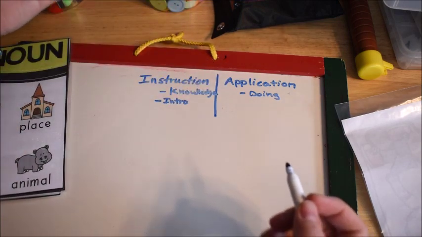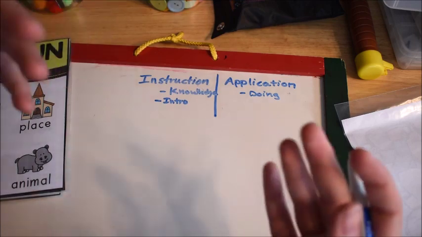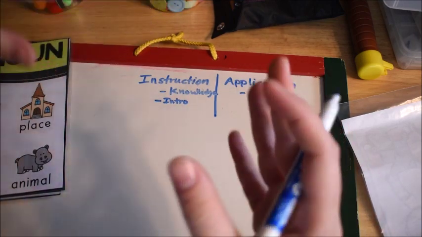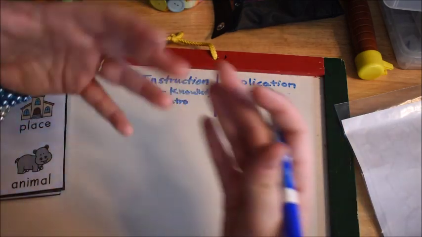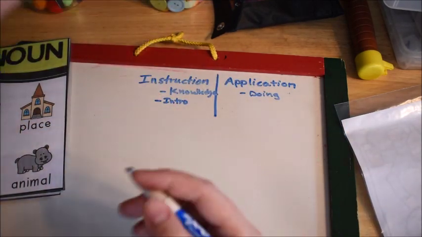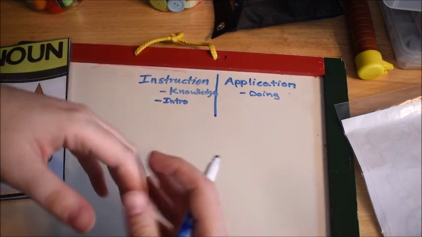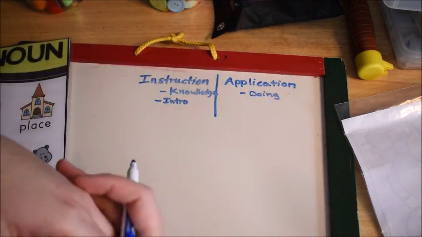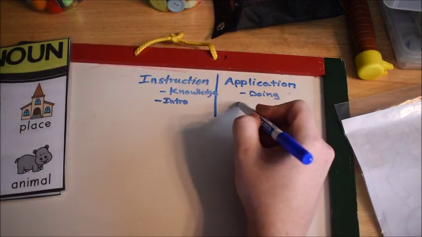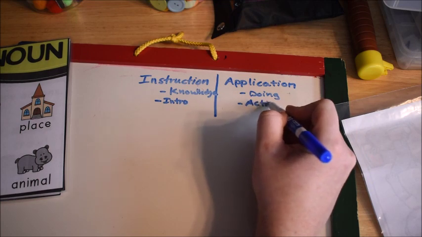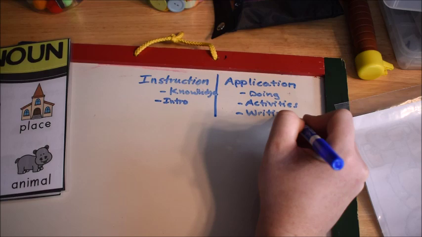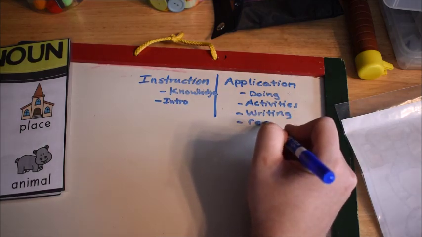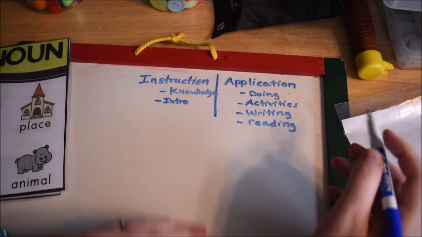I know this is Fun Hands-On Learning that you are watching, so all of my activities that I show you are hands-on, but there is a place for applying your knowledge through writing. And so worksheets might come in there, your hands-on activities will come in the application part. So you've got activities, you might have writing, you might have reading, depending on your subject matter. It's something that they do.